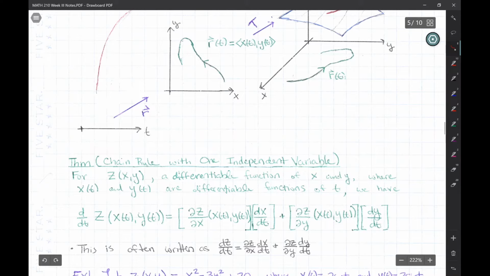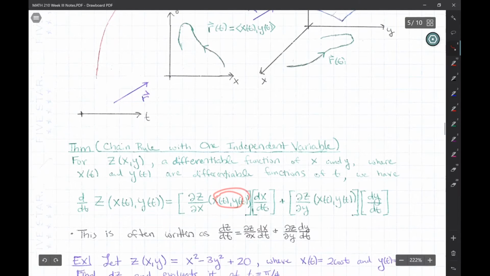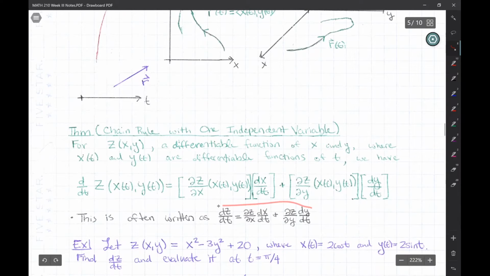I wrote this all out explicitly to emphasize plugging the path into your partial derivative, but you'll often see this written this way. Once you take partial derivatives, don't forget you have to plug in the path.